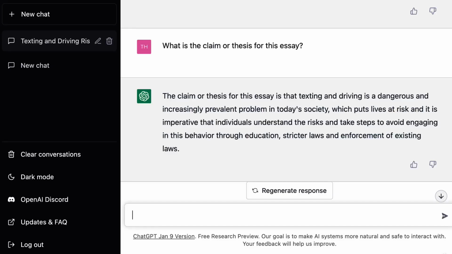To follow up, I decided to ask the AI if it could in fact identify the claim or the thesis statement for the essay, to which it did. Then I asked the AI if it could identify the evidence or the support used specifically within the last iteration.